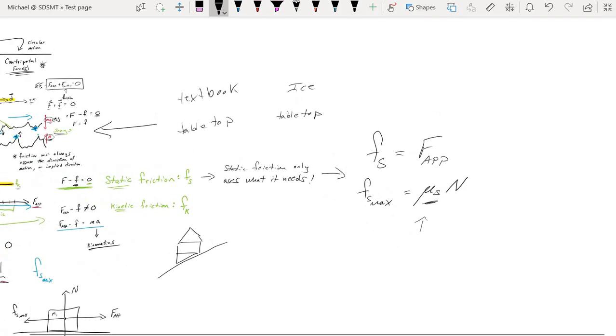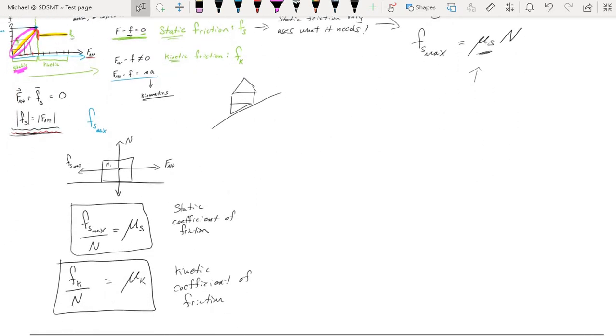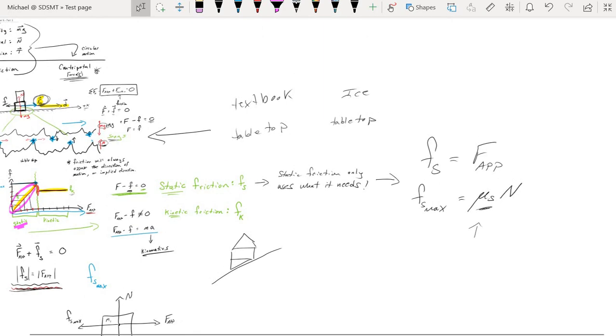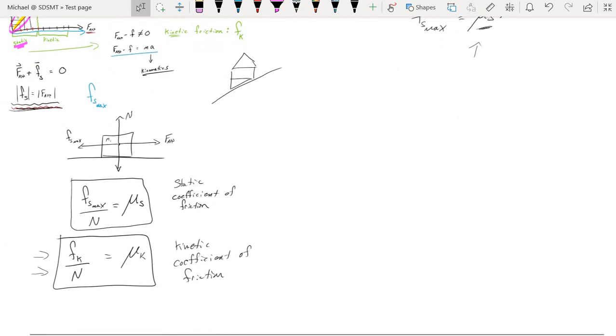These coefficients are literally telling us what the ratio of required friction force is to the amount of force that those two surfaces are pressing against one another with. That's what the normal force is. So every surface-to-surface interaction that you can possibly imagine will have its own unique coefficients. And so there are literally volumes and volumes of friction coefficients for different surface-to-surface interactions.